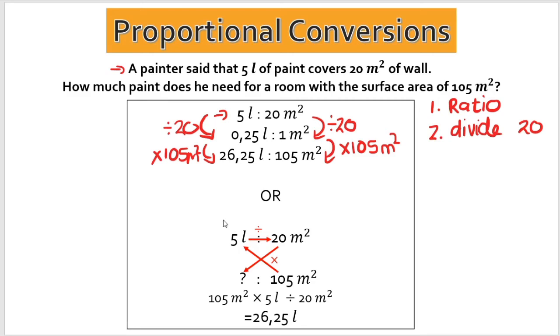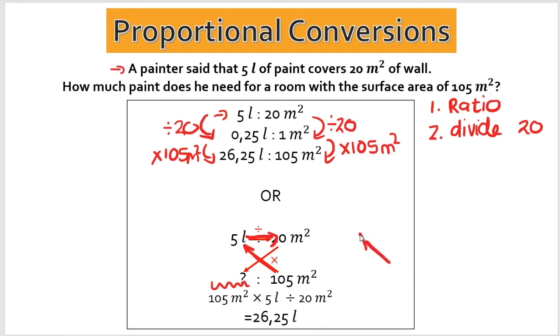Then I also want to show you a different method. If we start with 105 meters squared and I multiply it with 5 liters, so it looks like an X here. First go up here, I multiply with 5, I divide with 20, I will get my answer. So multiply by 5 and divide by 20.